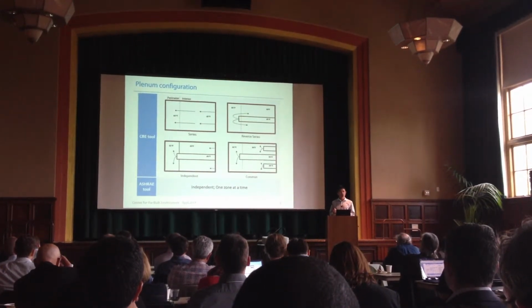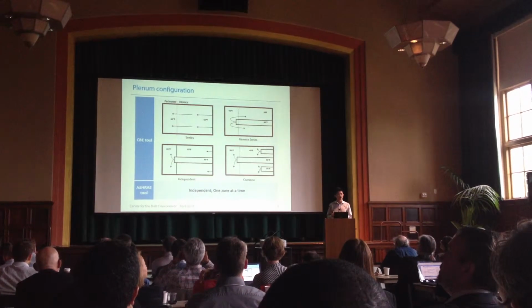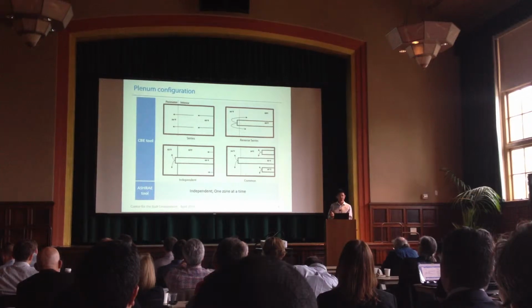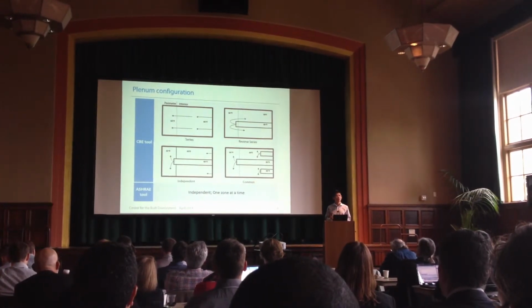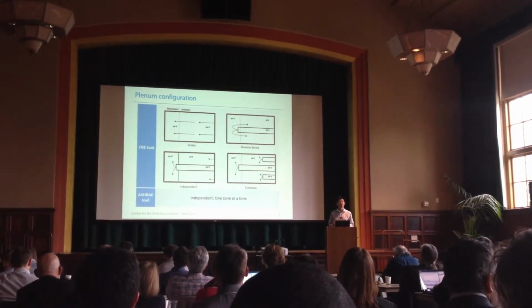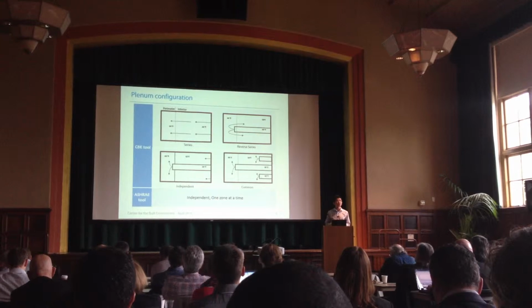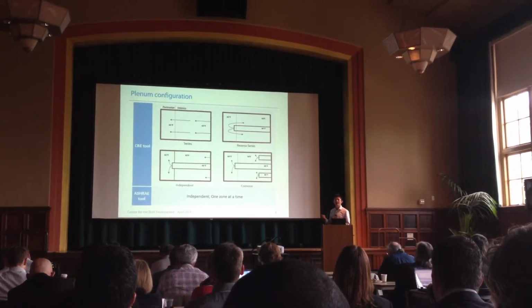As I mentioned before, in terms of plenum configuration, the CBE tool can specify 4, including series, reverse series, independent and common. This is really important because different plenum configurations can impact the air temperature distribution in the plenum. I'll take a series plenum as an example.